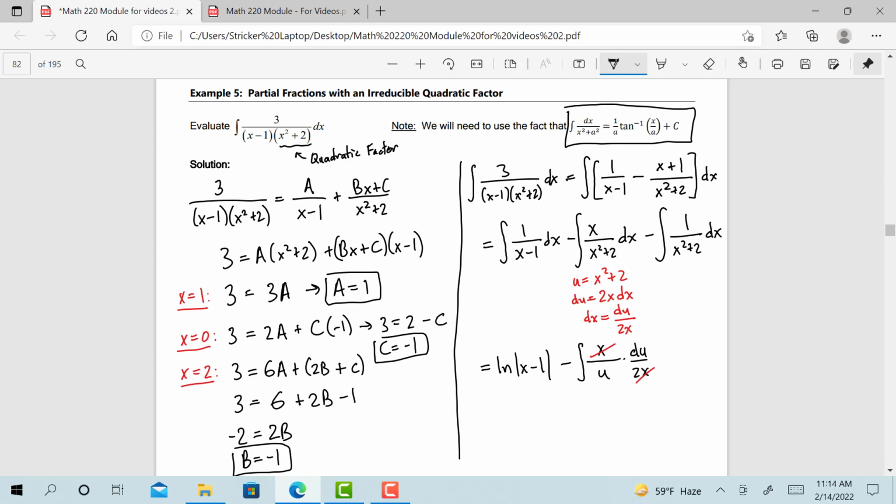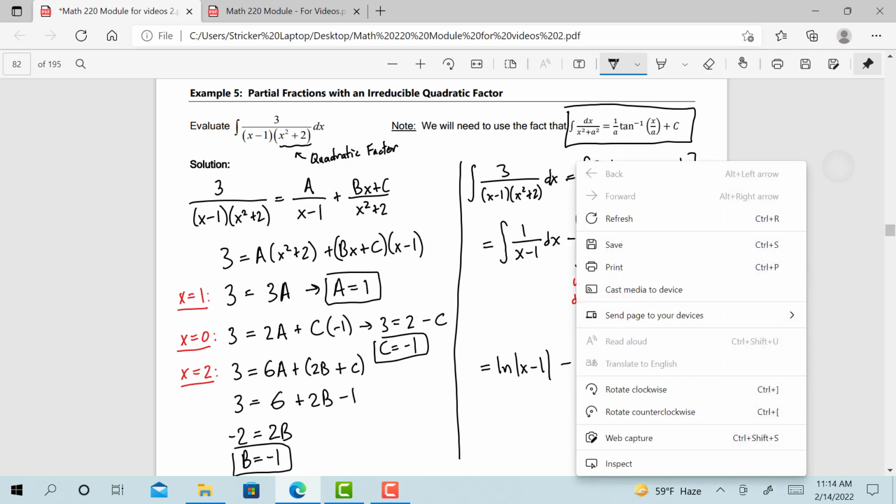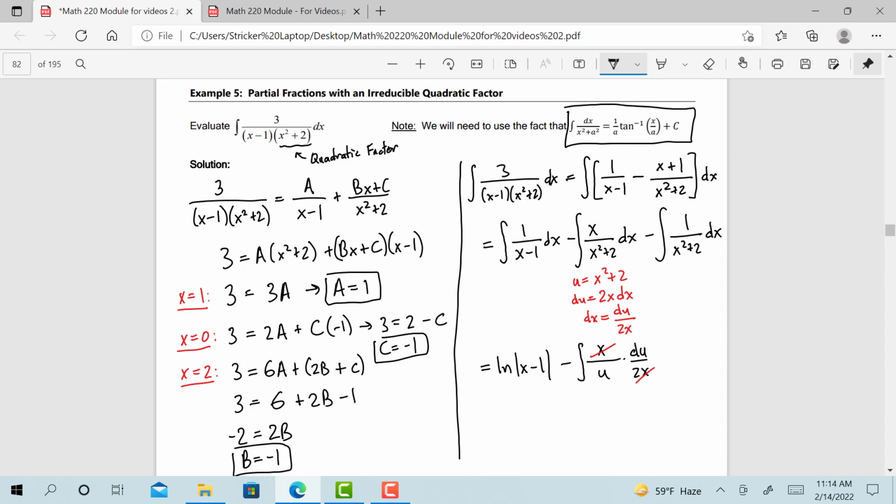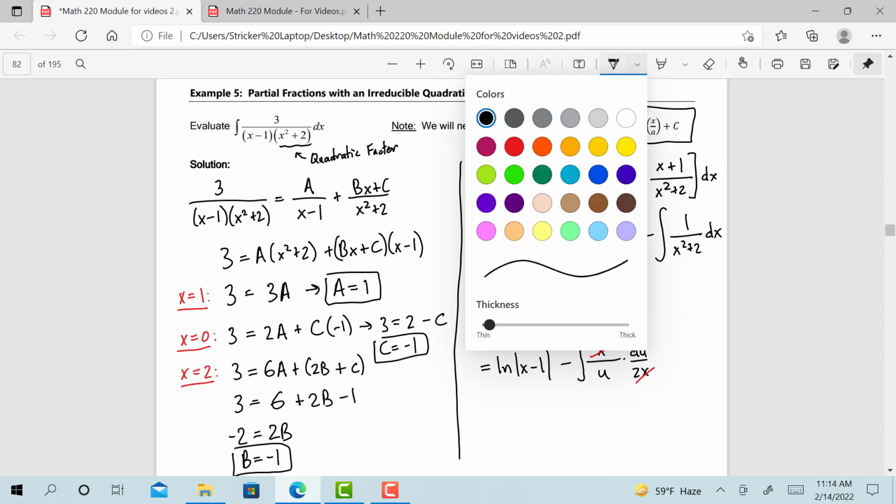And then the last one, like I said, we're going to use the fact that the integral of 1 over x squared plus a squared is 1 over a times the inverse tangent of x over a. And what would a be in this case? So notice it's not quite the same. This integral looks like x squared plus a squared, and our integral is x squared plus 2. So what would a have to be equal to?